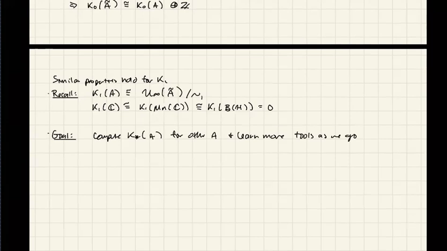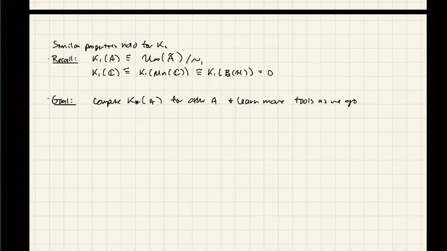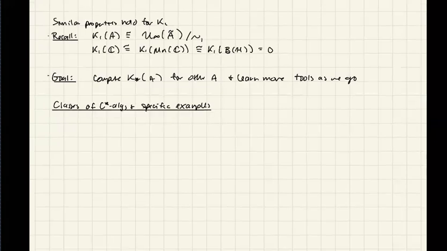So let's talk about some classes of C-star algebras and some specific examples that we can consider. The next step up, in my mind, from the complex numbers, matrices over the complex numbers, and B of H would be to consider finite dimensional C-star algebras.